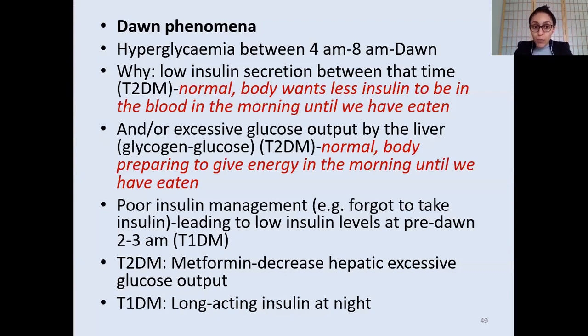Now I'm going to explain two concepts, Dawn phenomenon and Somogyi effect. Remember for now that the prevalence of Dawn phenomenon and Somogyi effect is much higher in a type 1 individual rather than a type 2 individual.